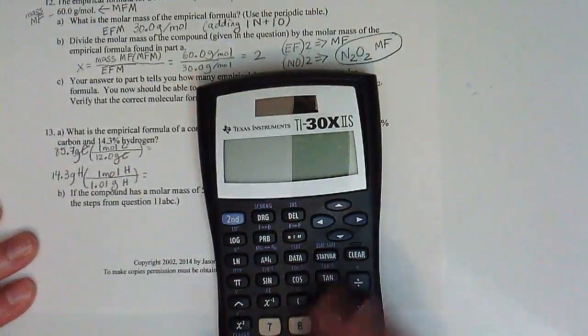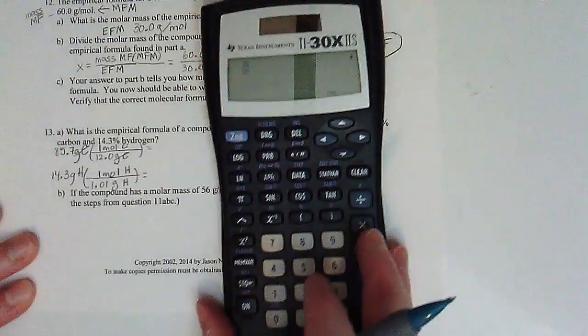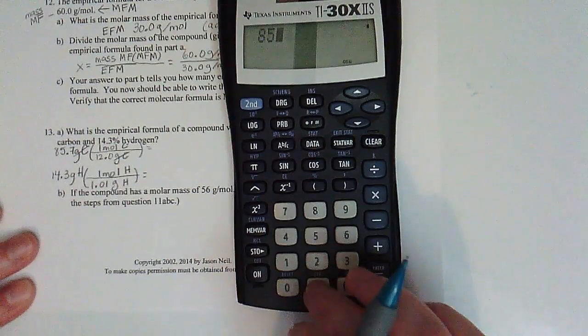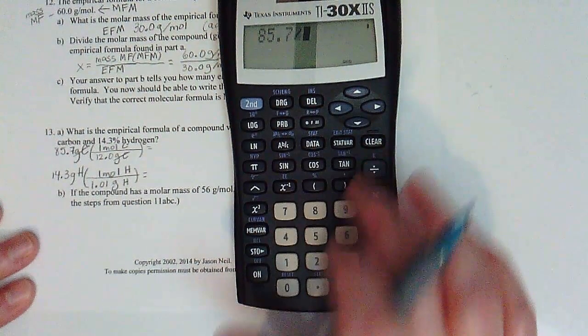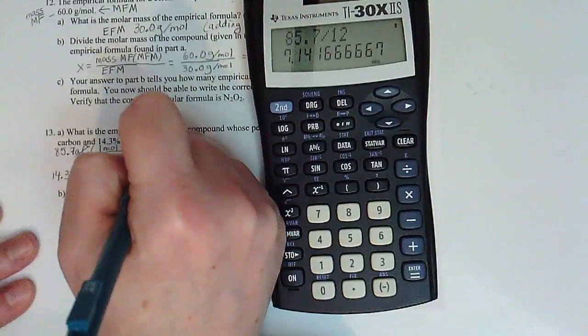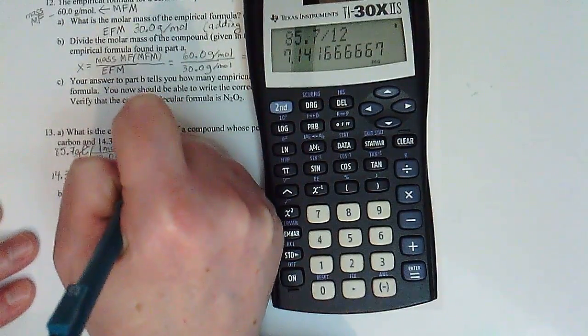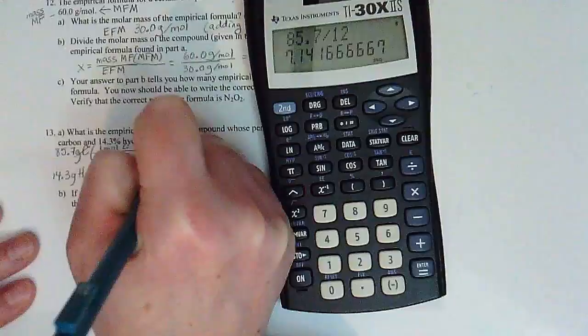So now I do a little calculating with my calculator. 85.7 divided by 12, I get 7.14. So 85.7 divided by 12 is 7.14 moles of carbon.